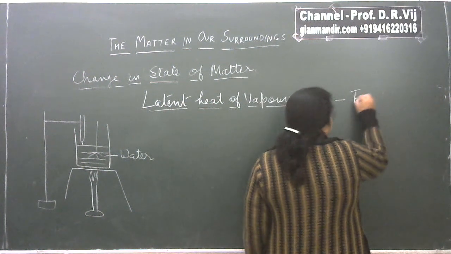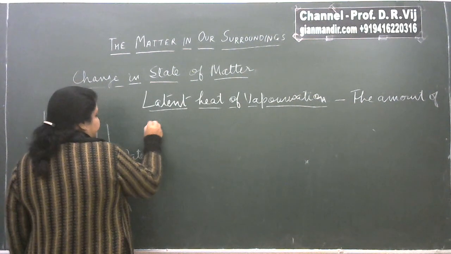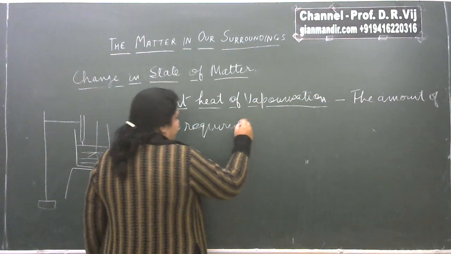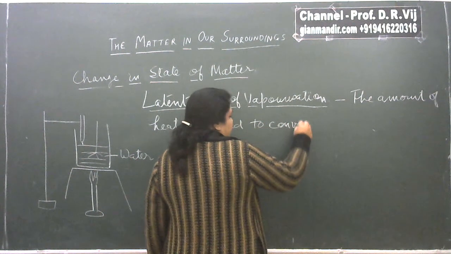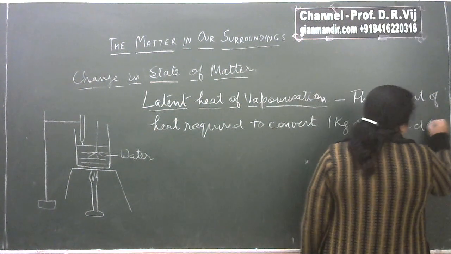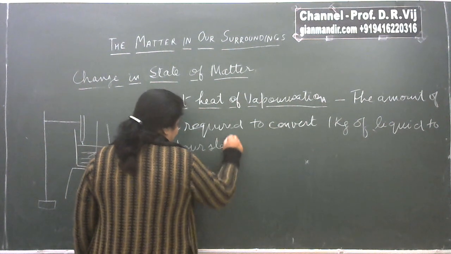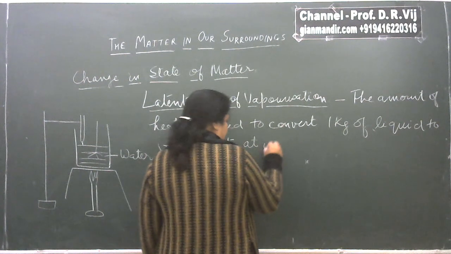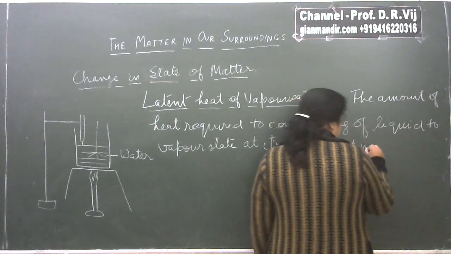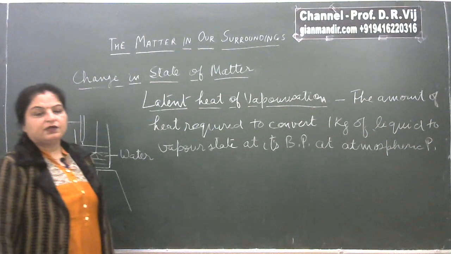So it is defined as the amount of heat required to convert 1 kilogram of liquid to vapor state at its boiling point at atmospheric pressure is known as latent heat of vaporization.